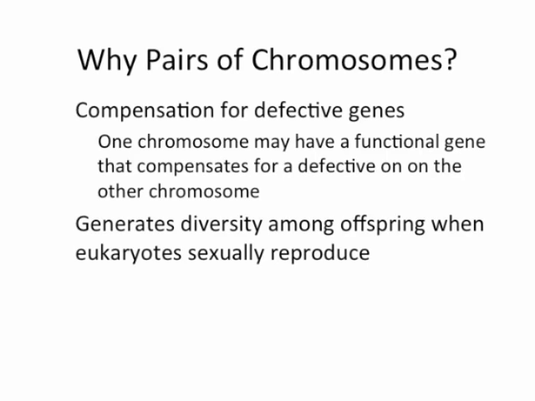So one chromosome may have a functional version that compensates for a defective version on the other chromosome. Pairs really help balance things out. So you don't necessarily get all the defective genes from your one parent.